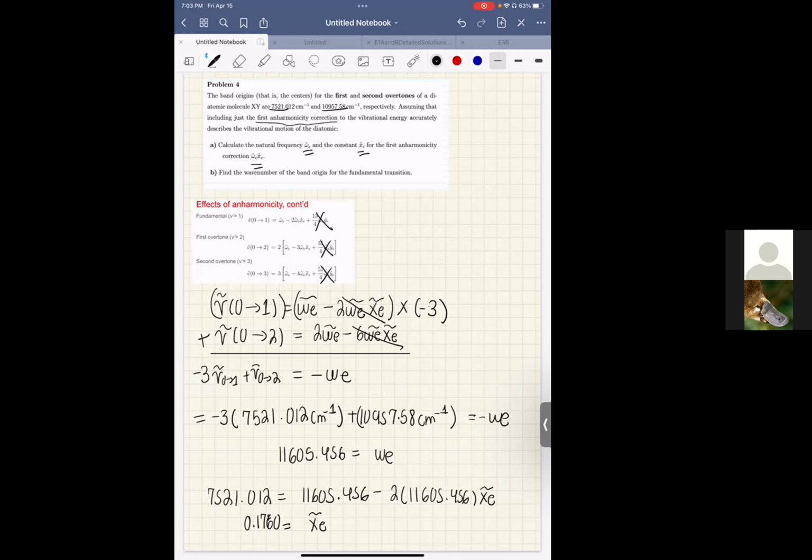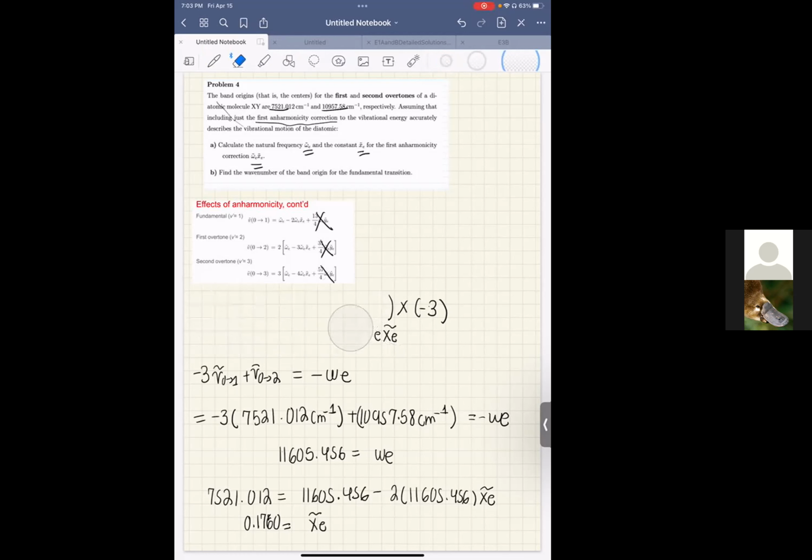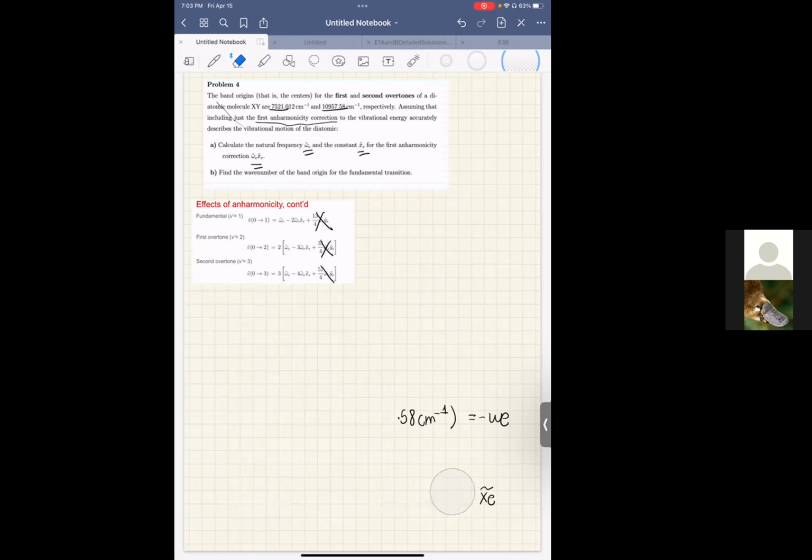What is wrong? Yeah, I used that equation. Let me fix that real quick. So I used the wrong equation, but it's pretty much the same principle.